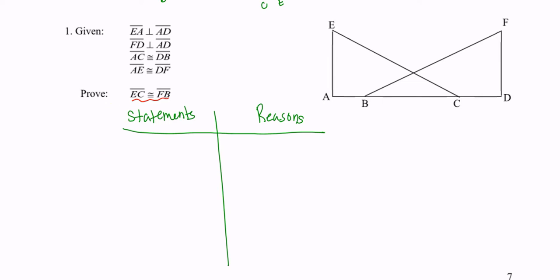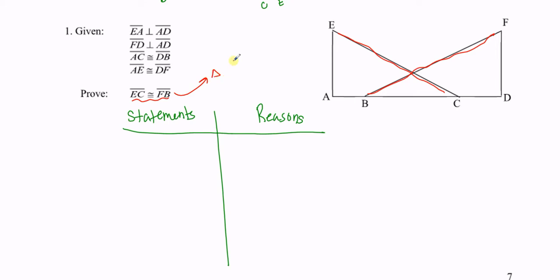In this particular proof, notice we're asked to show that segment EC and segment FB are congruent to each other. A great strategy to start off with is to work backwards and come up with a plan of attack. So if we're trying to show these two segments in red are congruent to each other, our goal first would be to prove that the triangles that those are corresponding sides in are congruent.